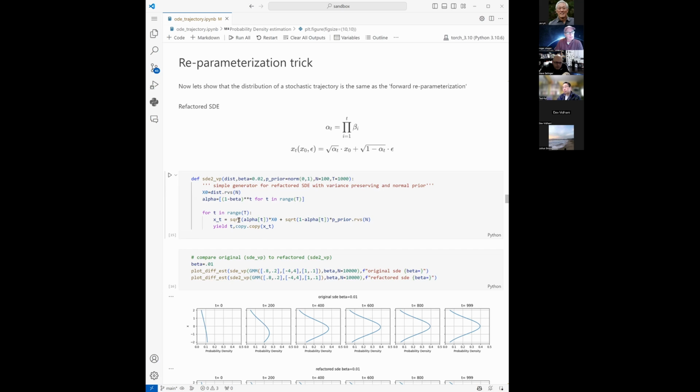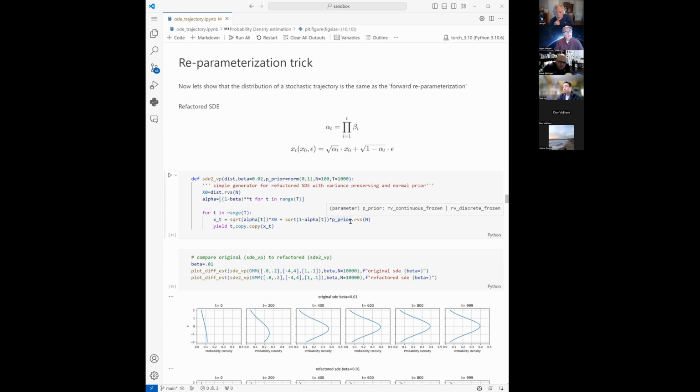You can see square root of alpha times x0 and square root of 1 minus alpha times the noise. So that's what we've got going on down here. And then the alpha is the product of beta. Where is that? Alpha equals, oh, it's the product of the b_i up to n.